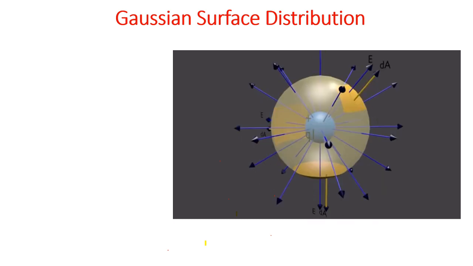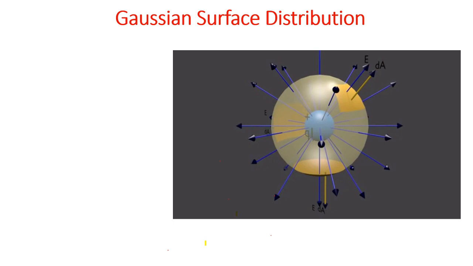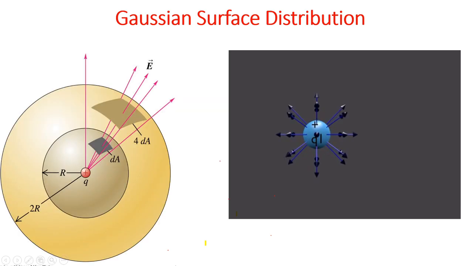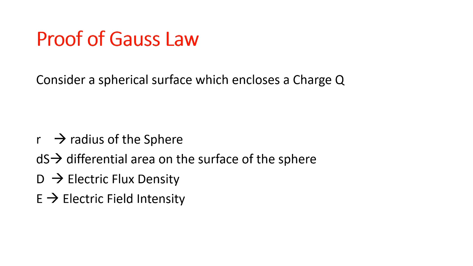So this is an example of a Gaussian surface. You can imagine any surface which covers the entire charge; that is called a Gaussian surface. After imagining it, we have to apply the Gauss law inside the Gaussian surface. So this is how we take a Gaussian surface. We can take it in any shape. Now we'll see the proof of Gauss law.